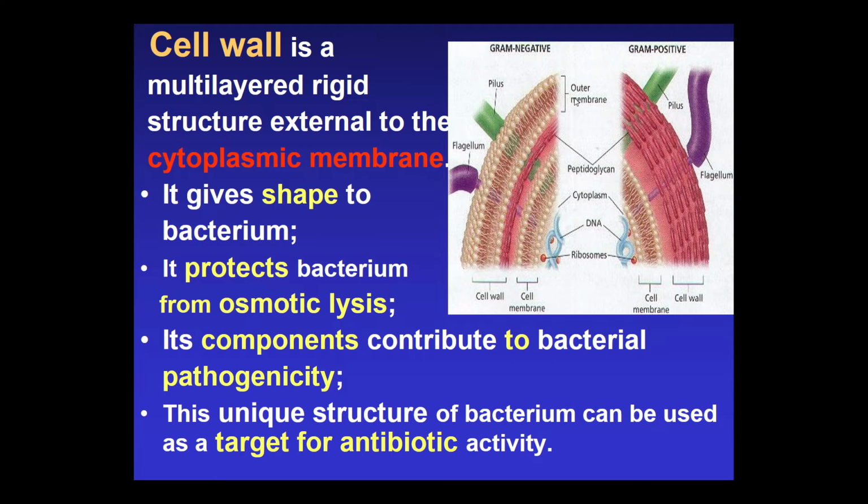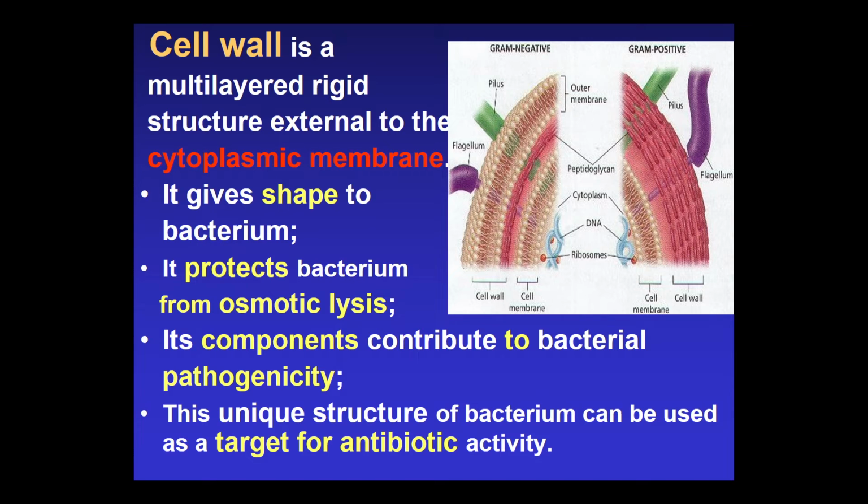So then we may describe it as a multi-layered rigid structure. And the structure is very important because it gives shape to bacteria. It protects bacteria from osmotic lysis.